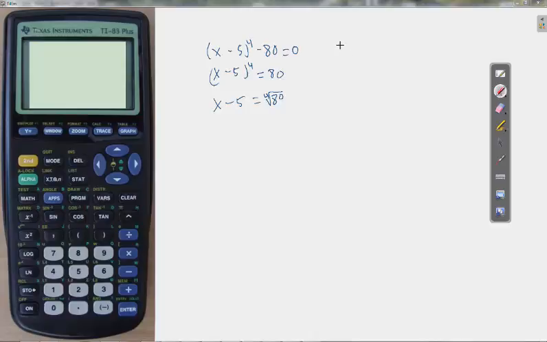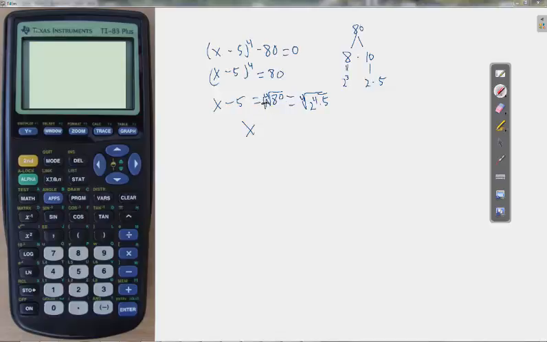which I think I can probably break down. 8 times 10. And then 8 is just 2 to the third. 10 is 2 times 5. So that is the fourth root of 2 to the fourth times 5. Oh, plus or minus.